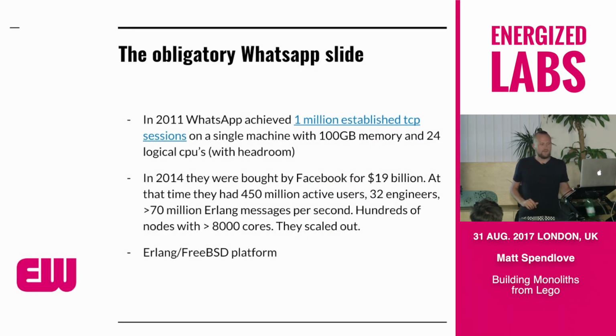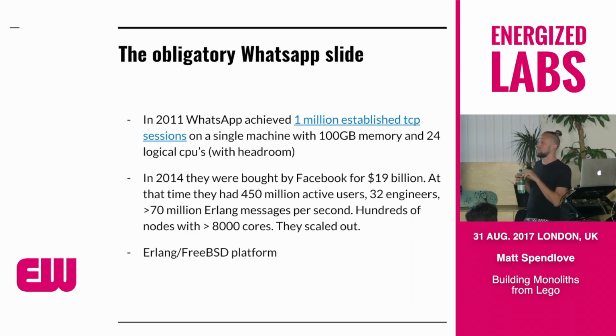All right. So you can't talk about Elixir without talking about WhatsApp, and numbers, whatever. But that is quite interesting, right? In 2011, they got 1 million TCP sessions on a single machine. It's quite impressive, right? 100 gig of memory, 24 logical CPUs.